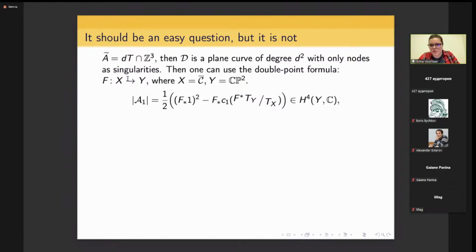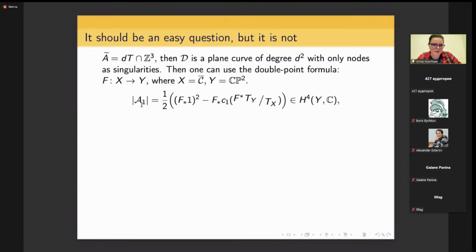One can complete the curve C by adding points at infinity, and then consider this projection as a map from the completed curve C to CP2, and use the double point formula in terms of characteristic classes of the map F to find the number of nodes.